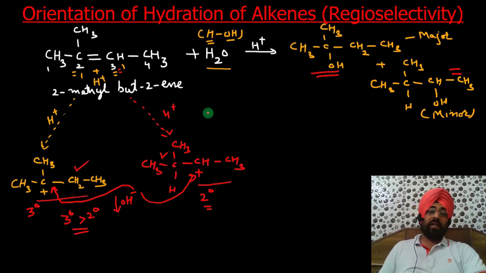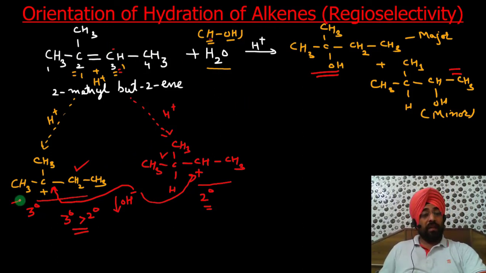So you can determine the product with the help of Markovnikov's rule, which states, as I said, that the positive part of the addendum goes to that carbon of a double bond which has a higher number of hydrogen atoms. This carbon has one hydrogen, this carbon has no hydrogen directly attached to it. So that's why this positive part, H positive, will add to this carbon. And why does this happen?